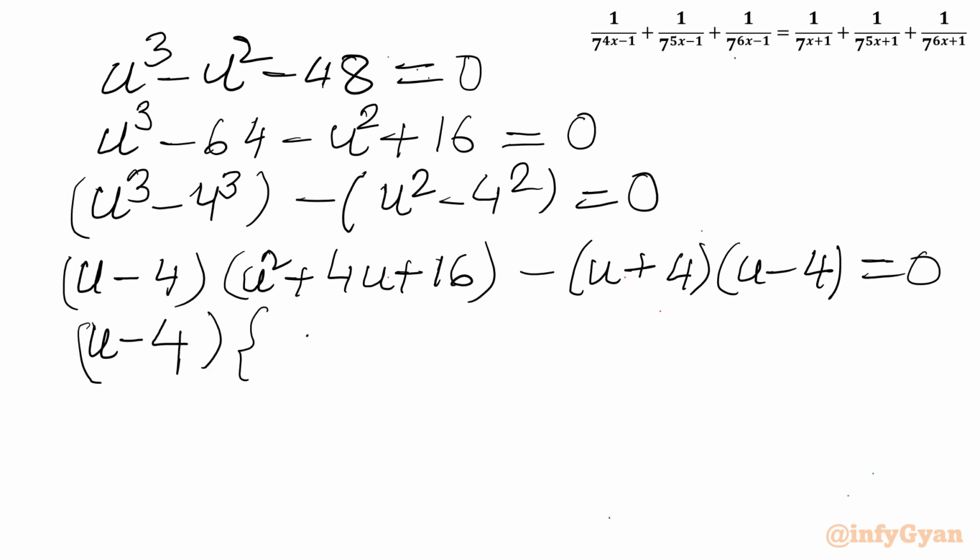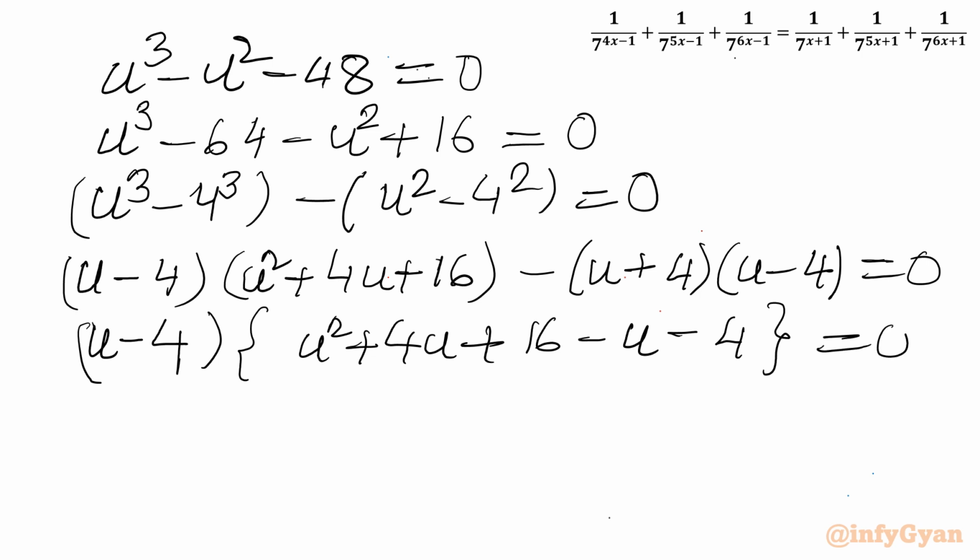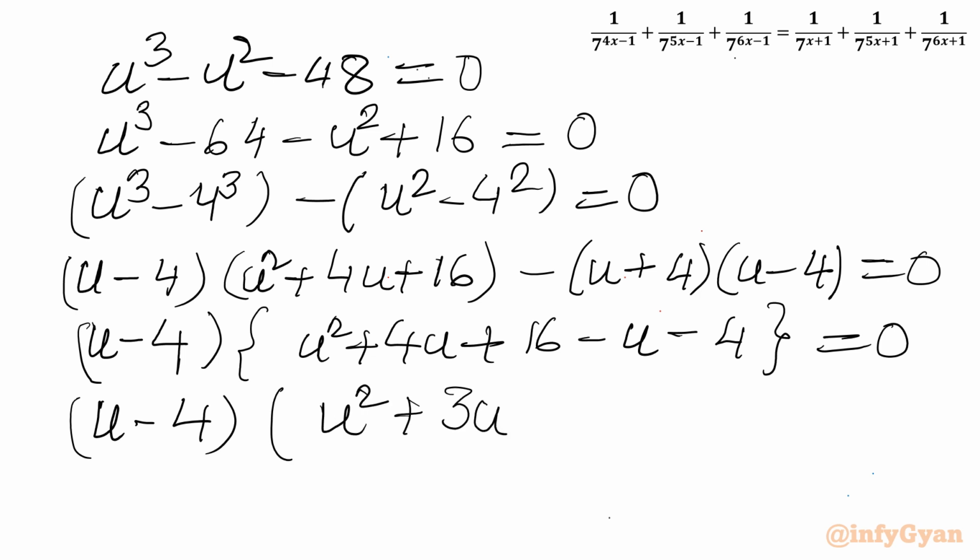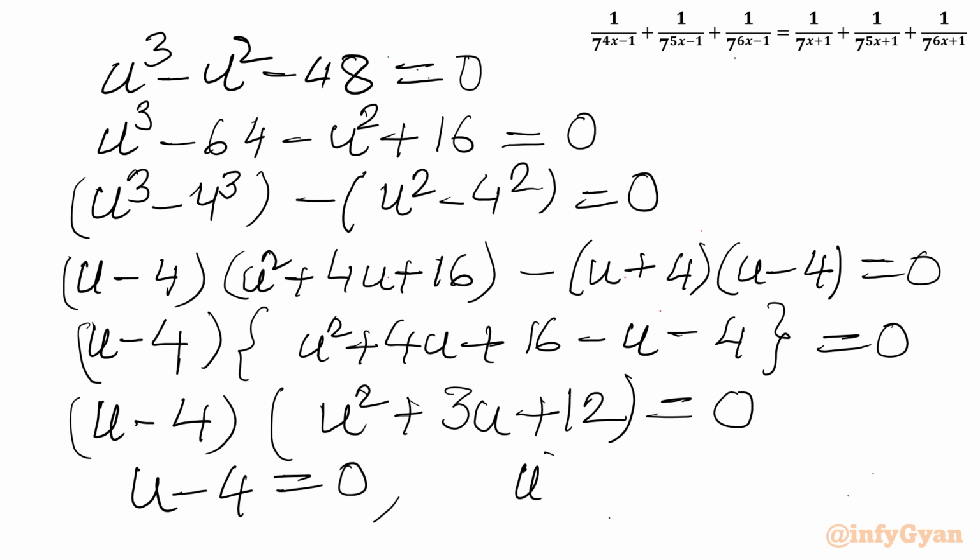So here I will be writing u² + 4u + 16, and then minus (u + 4) = 0. So (u − 4)(u² + 3u + 12) = 0. Conclusion from here is u − 4 will be 0, or u² + 3u + 12 = 0.